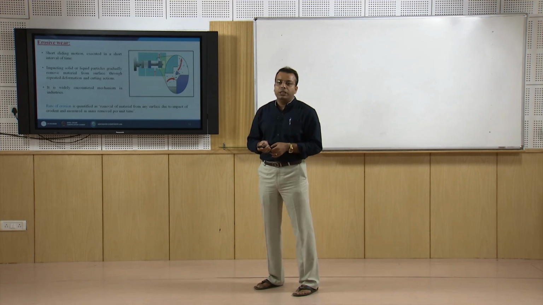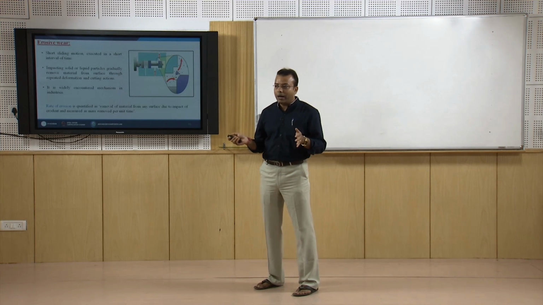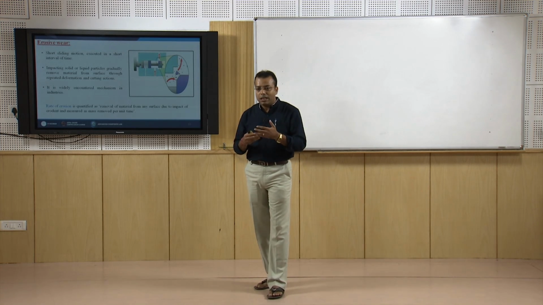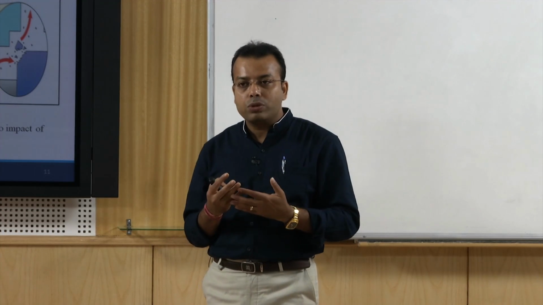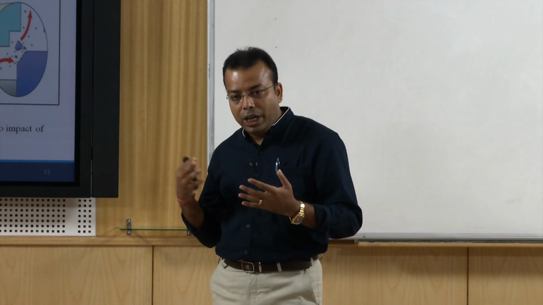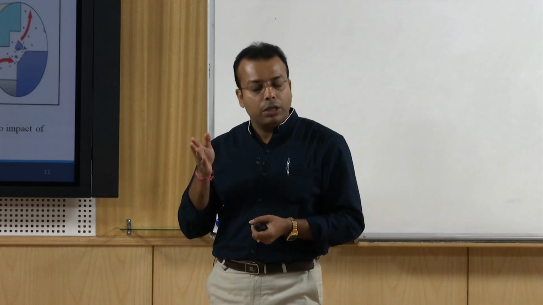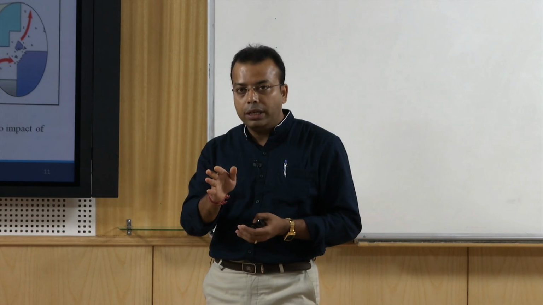Next is called erosive wear. Erosive wear is like this: suppose we are using certain kinds of valves or connectors through which blood or any kind of liquid is going.